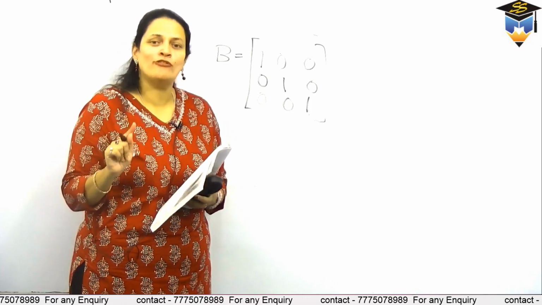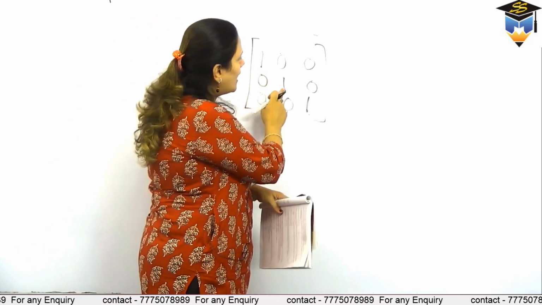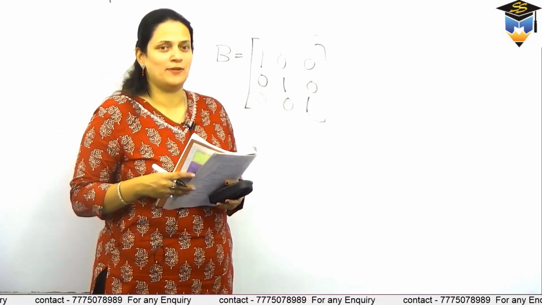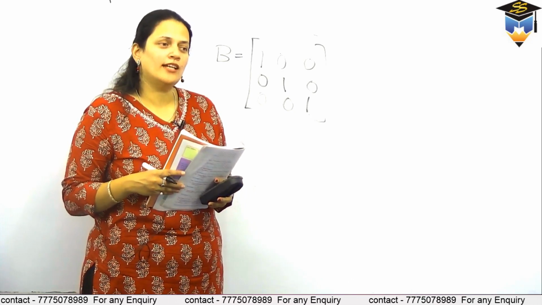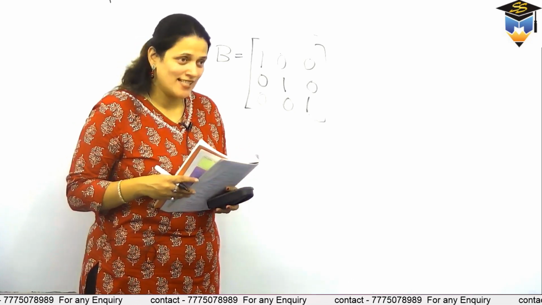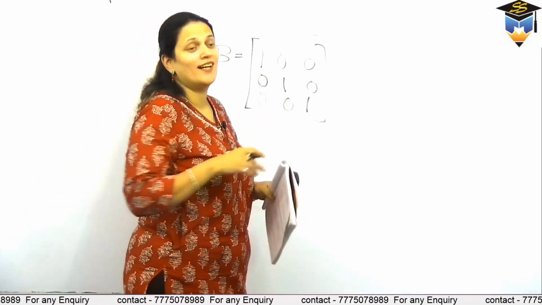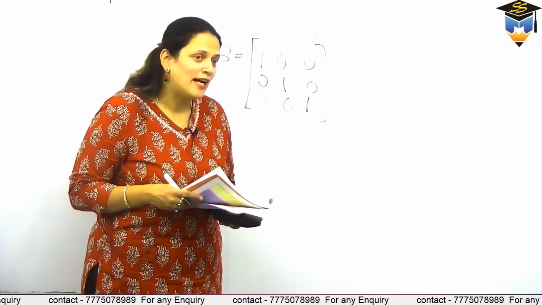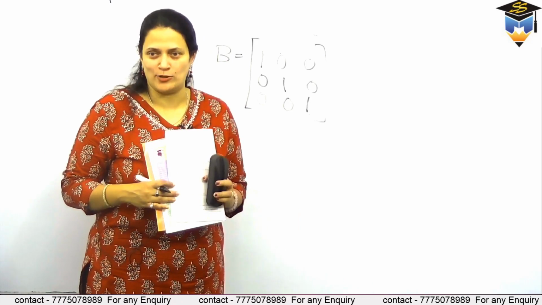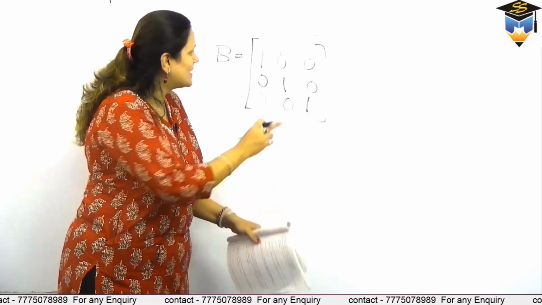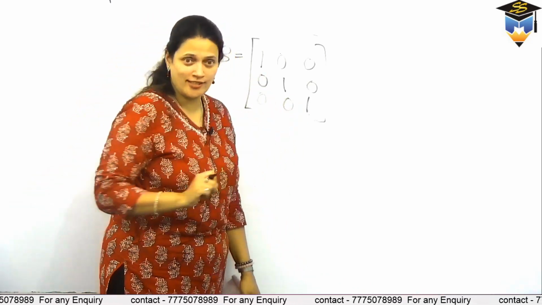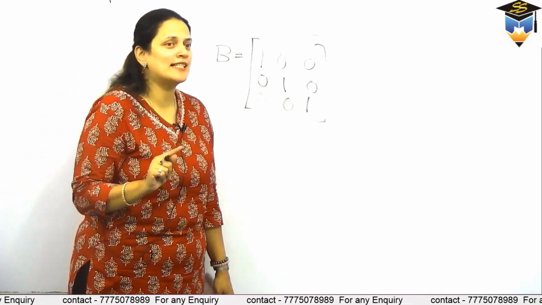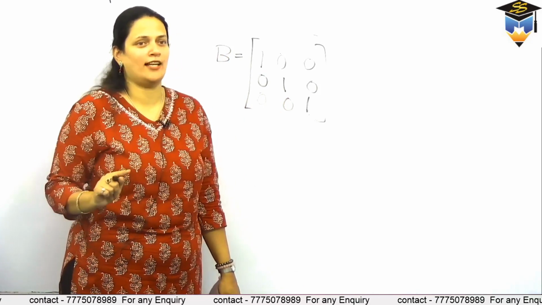So in a unit matrix the diagonal elements are all 1. Now, can anybody tell me, is a unit matrix a scalar matrix? Yes, a unit matrix is also a scalar matrix. Why? Because the diagonal elements are the same while all other elements are 0. So I will say that the identity matrix is a scalar matrix.